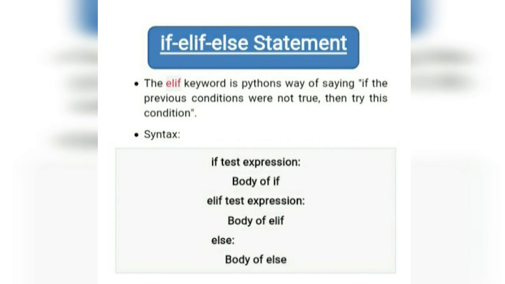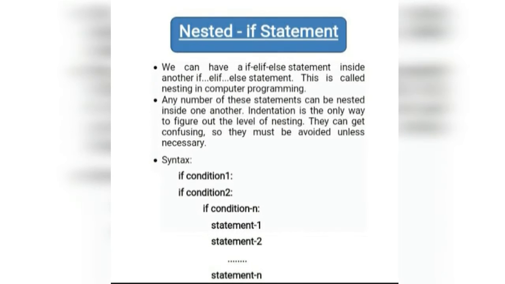If it's true, then the body of if will get executed. If this test expression is not true, then it will move towards the elif test expression. That means if the first test expression is not true, it will move to another condition, and the body of elif will get executed. If all the conditions are not true, then the else will get executed.